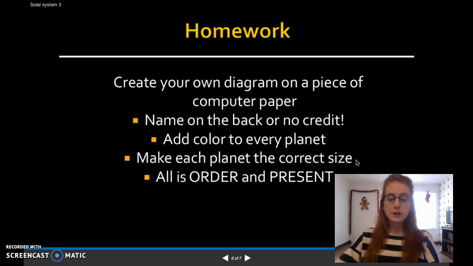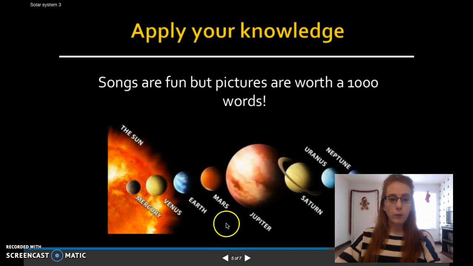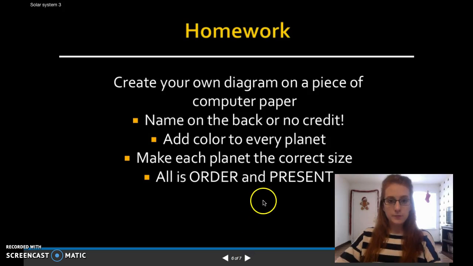I want you to make each planet the correct size. Like I was talking about in the slide before, Mercury is kind of tiny, but then Jupiter's really big, and Saturn's a little bit smaller than Jupiter, but it still has its rings. I want you to draw each one according to what they are supposed to look like. And I want to make sure that all the planets are in order and that they are all present.